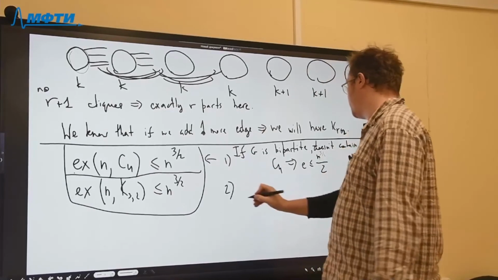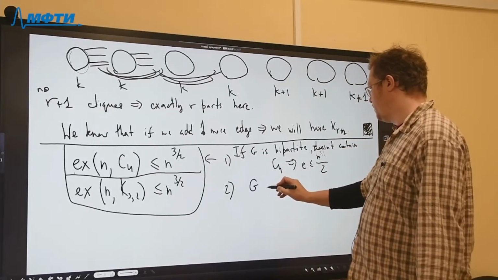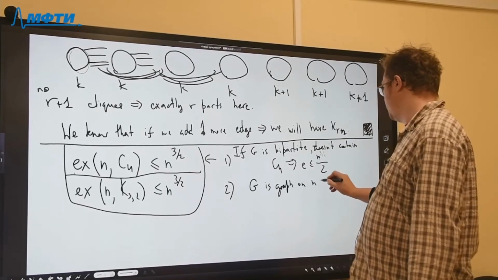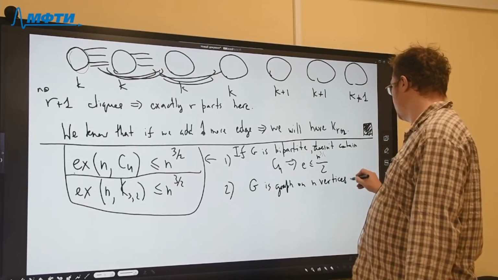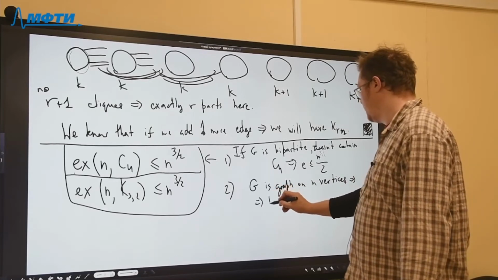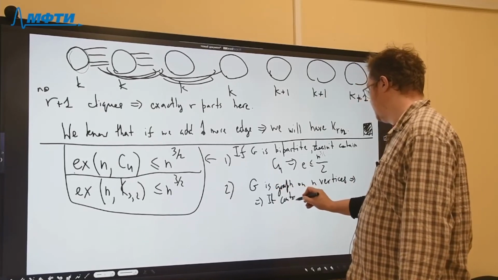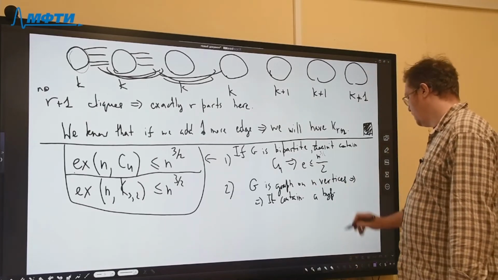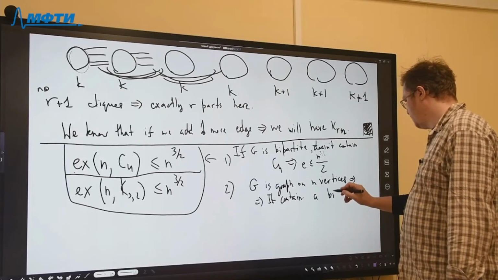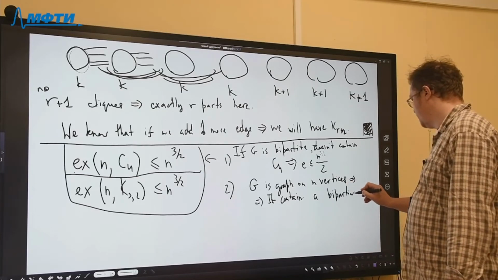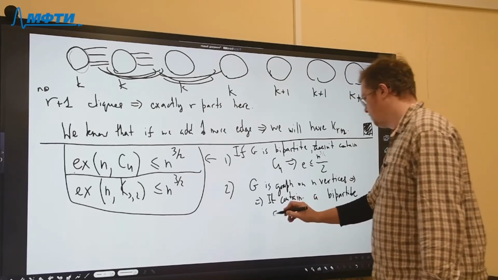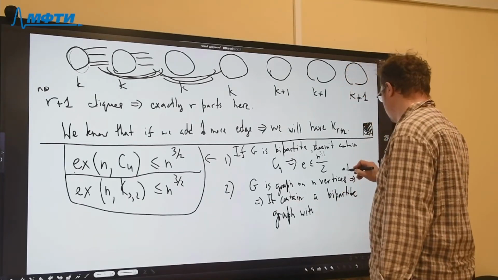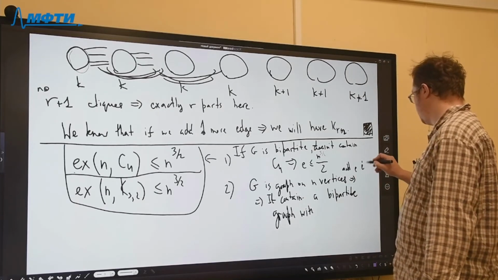And the second part is that if G is a graph on n vertices, then it contains a bipartite graph with at least half of its edges.